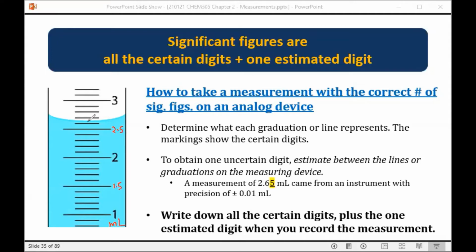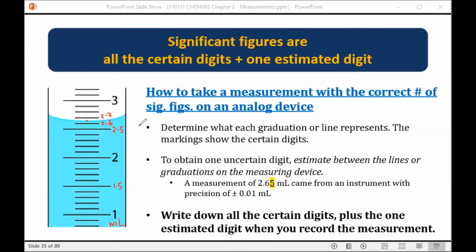When you're measuring liquids in a graduated cylinder, you measure the liquid at the bottom of what's called the meniscus. The meniscus is this curve in the liquid, and you always want to take your measurement at the bottom of the curve. So if this is our measurement point, we know with certainty that it's between, say, 2.6 and 2.7. And so we need to estimate how much between 2.6 and 2.7 it actually is.